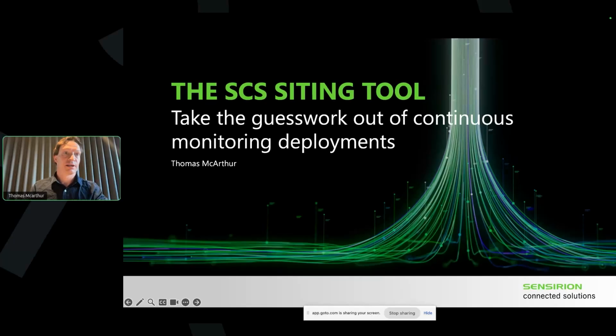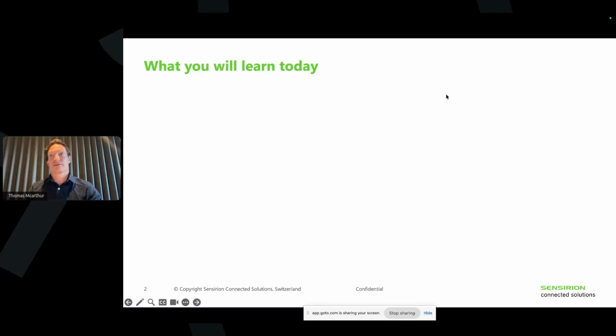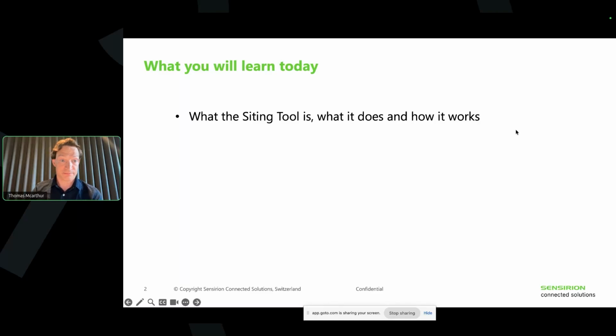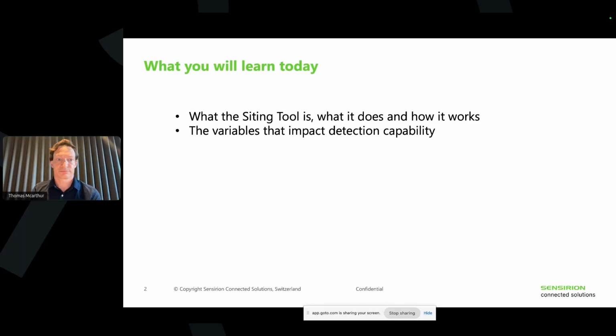So I will start out. What are we going to learn here today? What are we going to cover? What should you walk away from this with by the end of it? So what is the siting tool? What does it do and how does it work? What are the variables that impact detection capability?